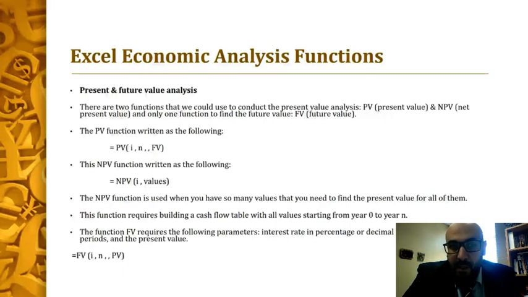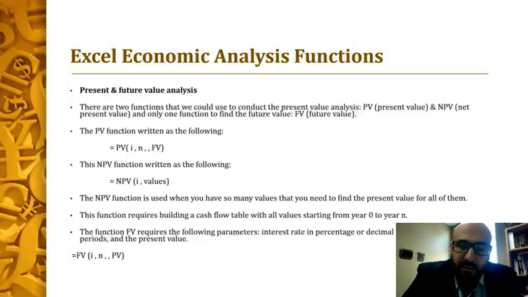For the PV, the present value, you have to put i, comma, n, the number of years, comma, and there's one parameter that is not necessary, which is, I believe, the payment. So you don't need that. Just skip that and make sure that you put another comma and put the future value. In this way, you could find the present value.